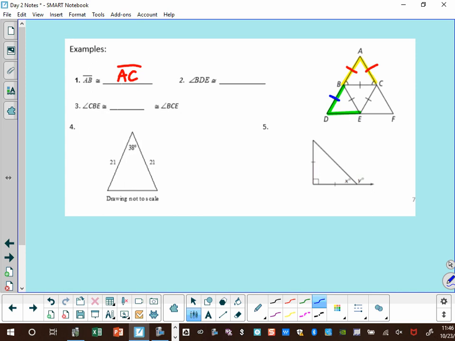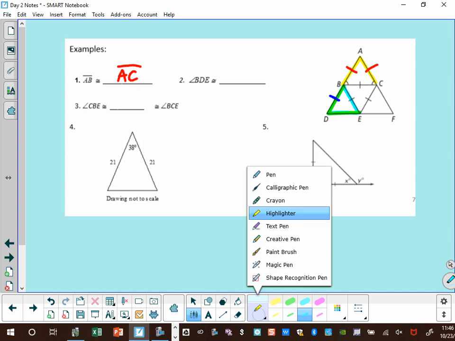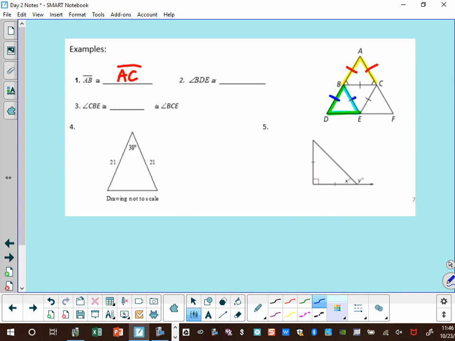So could we do BED? Yeah, we can do BED. I'll do that in blue, because we still only have one hash mark and then our base. Does that make sense? So it is also congruent to angle BED, or you could write DEB. Same thing.